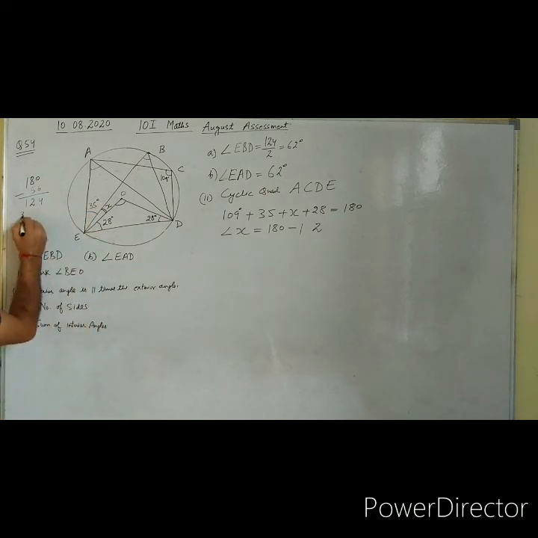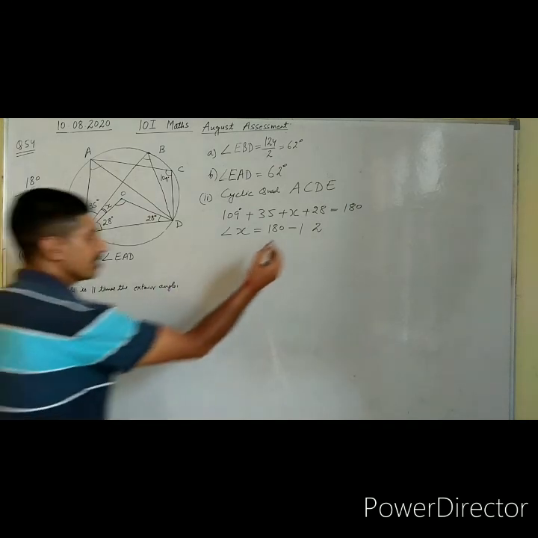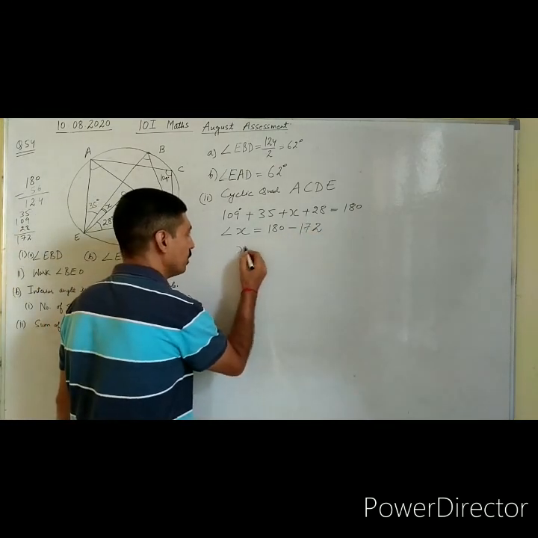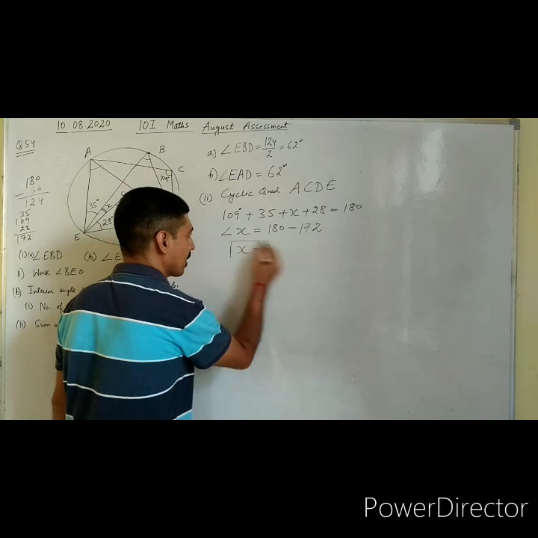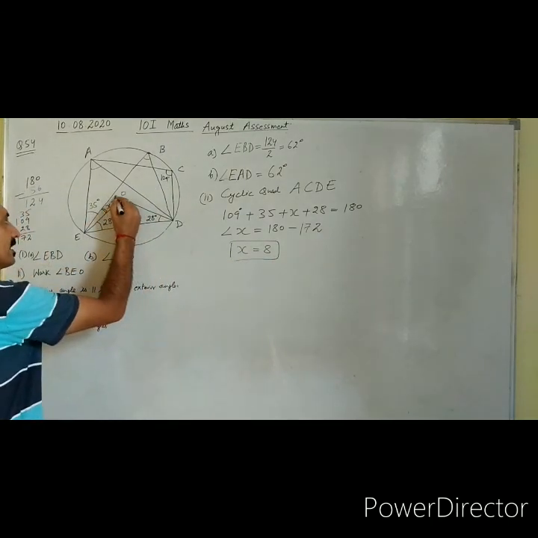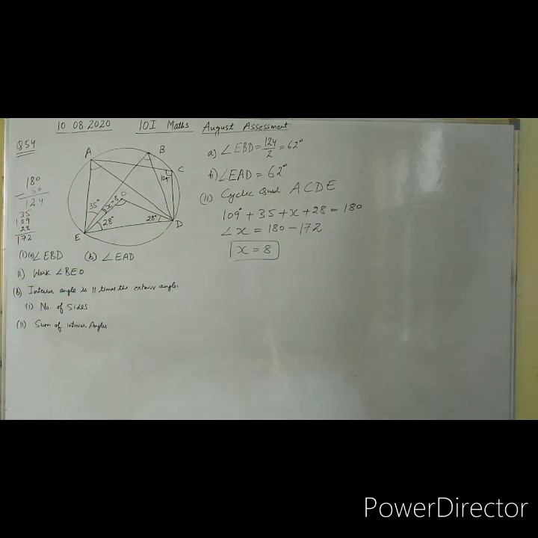Let's check: one is 35, one is 109 and the other is 28. So here we have 172. So the value of x is 8. So what is this angle? This angle is 8, right?